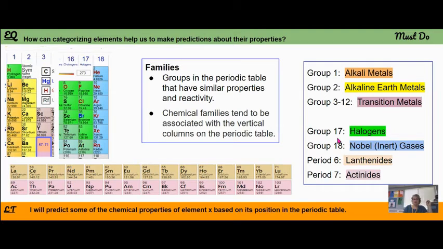Group 17, that's this one right here, are called the halogens. Group 18 are called the noble or inert gases. And then period 6, that's the brown one right here, is called the lanthanides, and period 7 are the actinides. So these are the families, and these are the ones that you need to know what they're called.